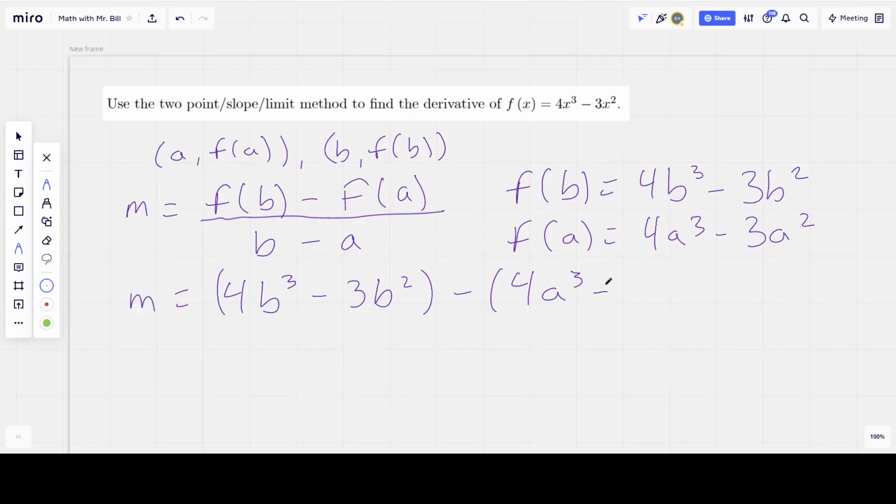So we get 4b cubed minus 3b squared minus, I'm going to put brackets around everything, 4a cubed minus 3a squared. And then that's all going to be over b minus a.